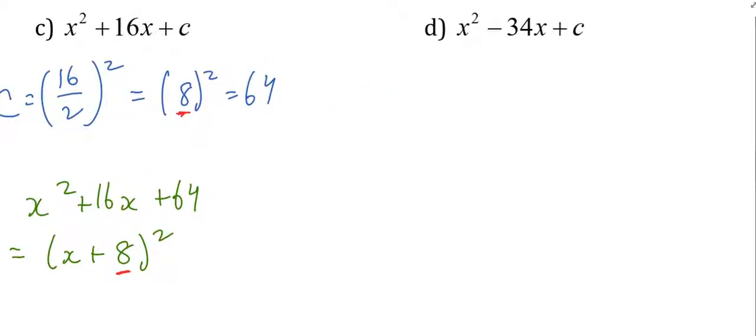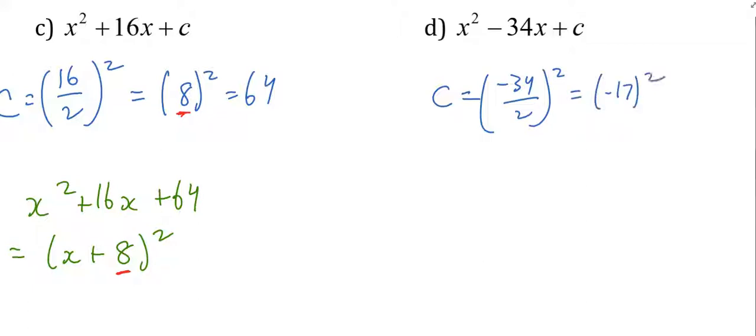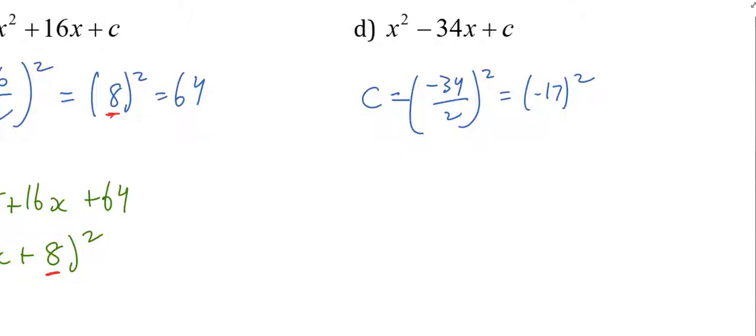Okay, so one more. Hopefully we're getting used to this pattern now. So I take negative 34 and divide it by 2, which is negative 17 squared. And what is negative 17 squared? Somebody with a calculator? 289.